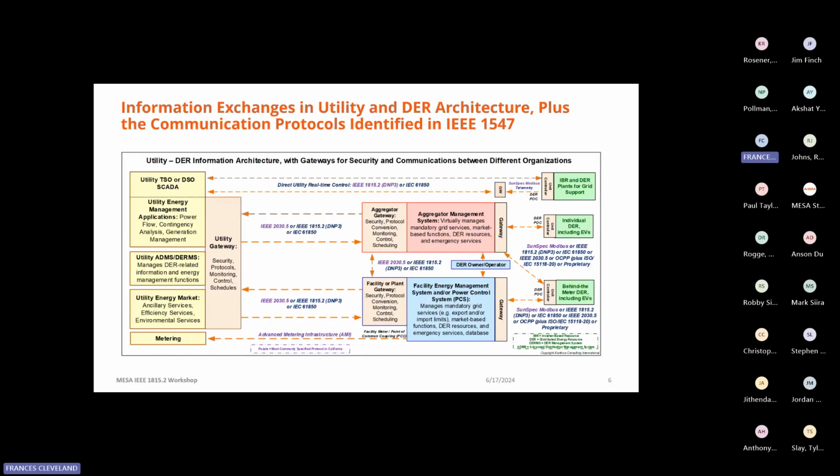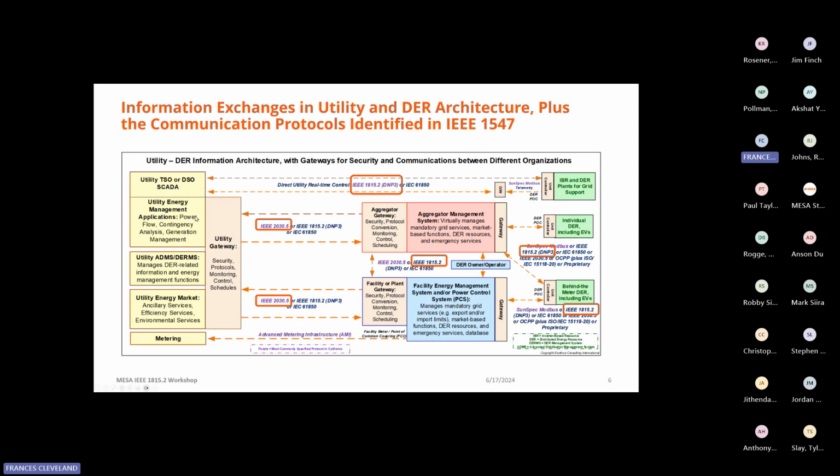So this is a diagram that shows, I've put some circles around it, the areas where DNP3 and 1815.2 are important. I see I have, in a couple of instances, identified 2030.5, but it's really the 1815.2 that I wanted to reference.